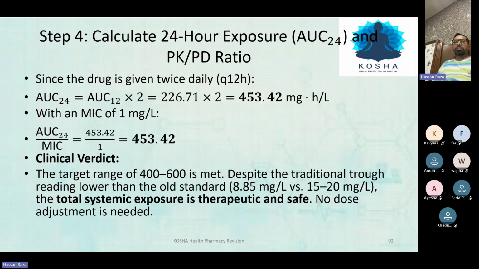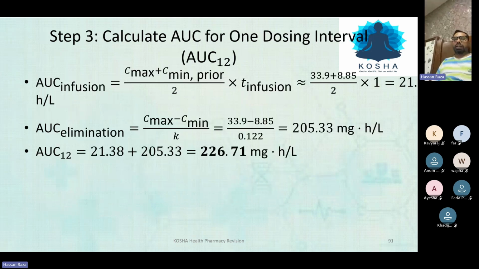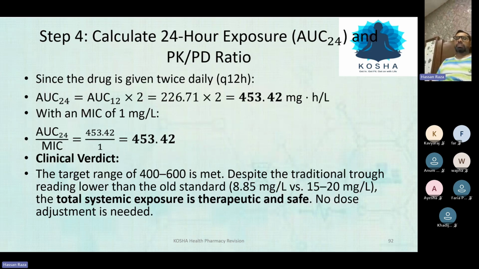I have told you, for AUC 24 with MIC of 1, the target is 400 to 600. We will ask our doctor not to adjust the dose of vancomycin. So this is how we usually adjust our doses, and these are the pharmacokinetic parameters which are clinically really important for us to administer the dose.